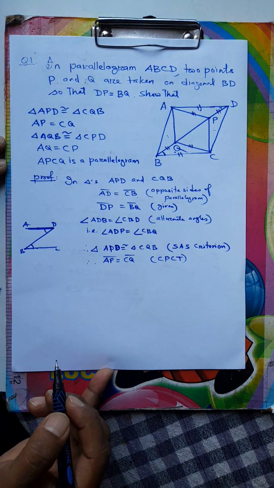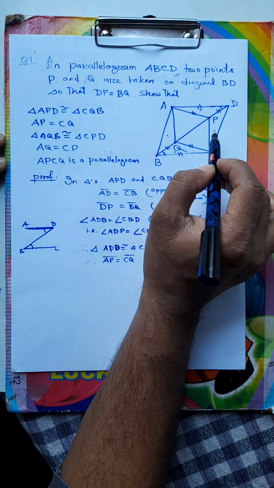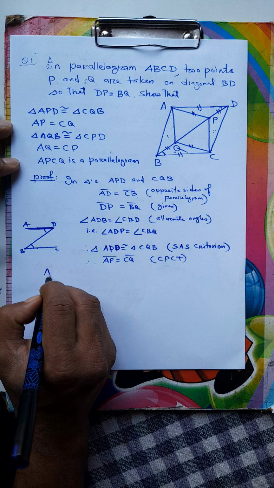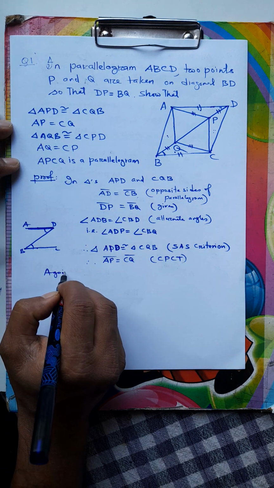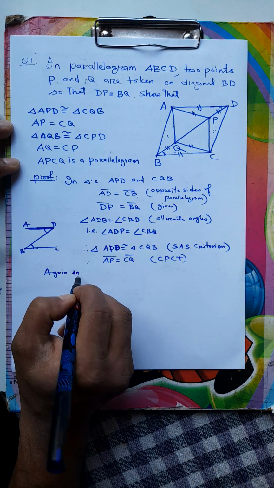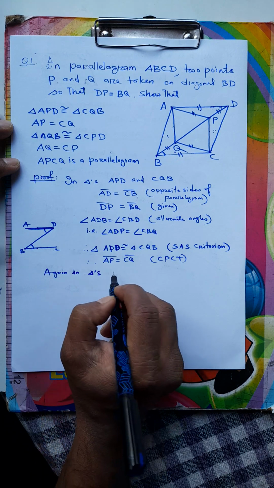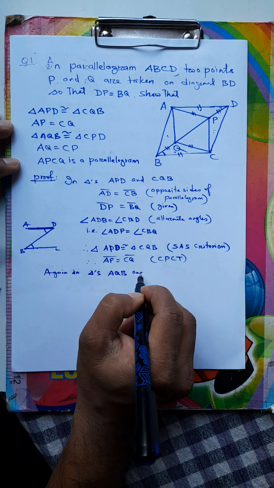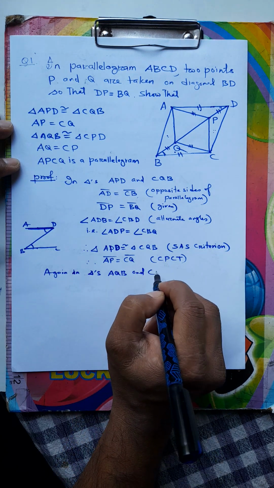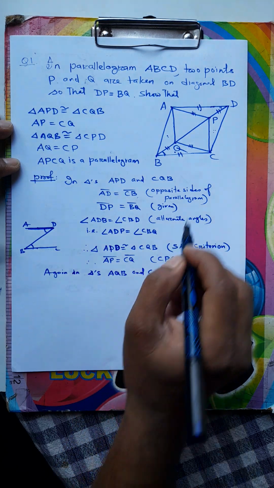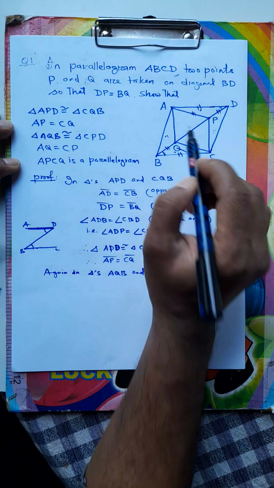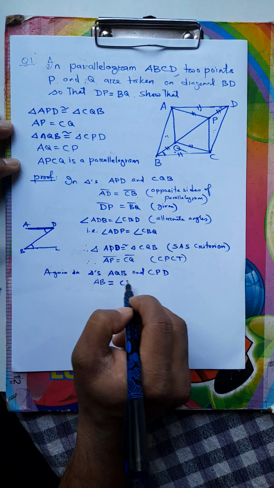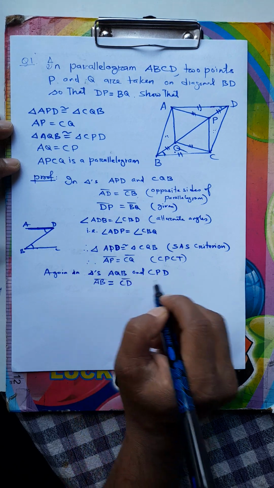Now let us come to these two triangles again. In triangles AQB and CPD, let us come to these two triangles. You see AB equal to CD. They are opposite sides of parallelogram, right?